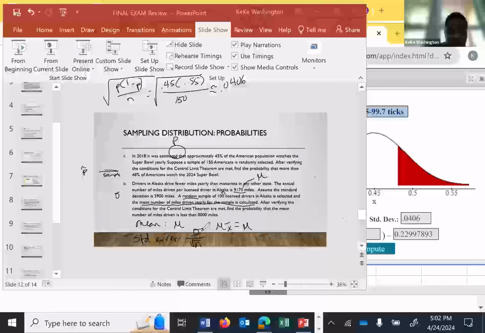All right, so let's go ahead and do that calculation before we plug it in. So sigma is 3,900, n is 100, so that's 3,900 divided by 10, so that's going to be 390, and mu is 9170. And we're looking for the probability that we're driving less than 8,000.